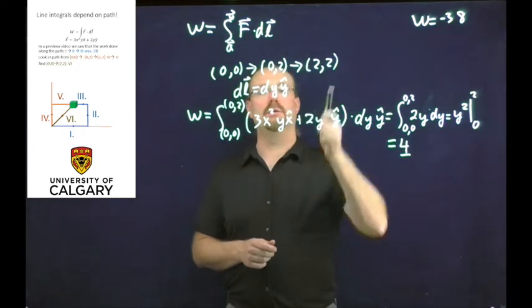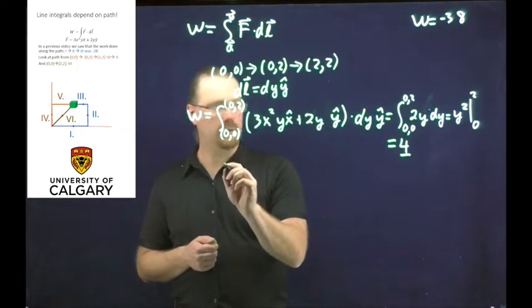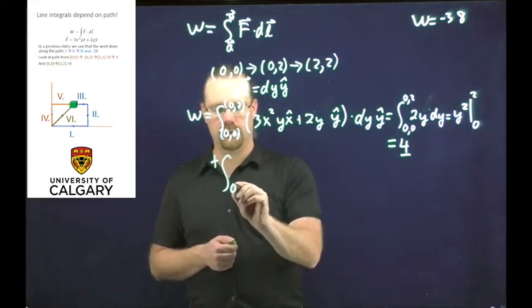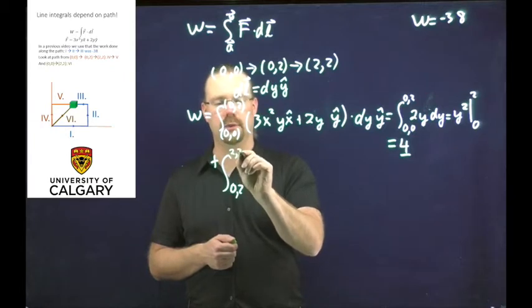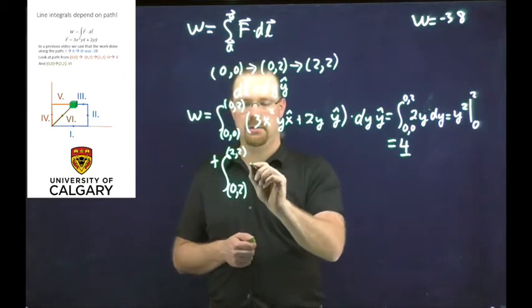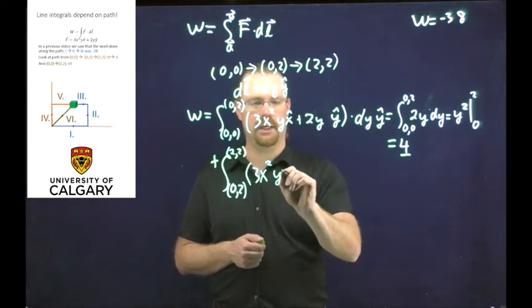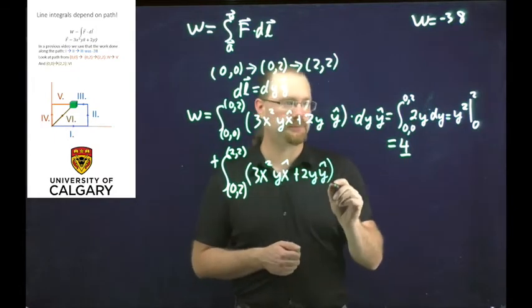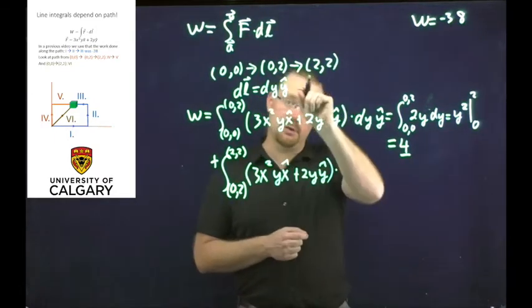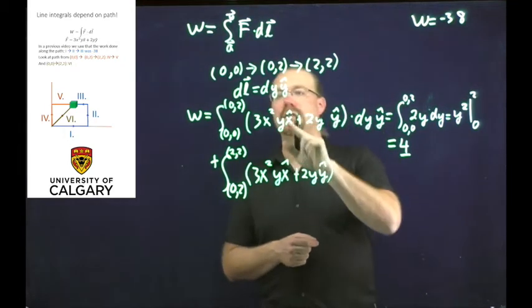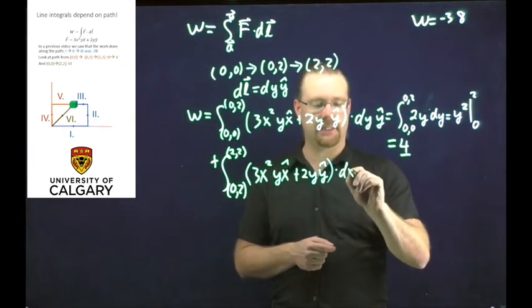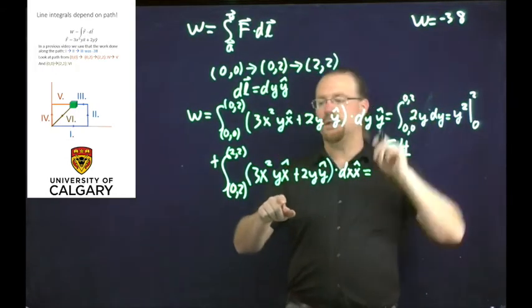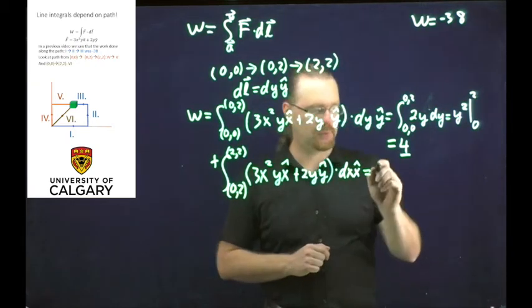Now we're going to go from 0, 2 out to 2, 2. So we're going to add these two things together, so plus the integral from 0, 2 up to 2, 2. And once again, we have 3x squared y x hat plus 2y y hat dotted with, and now since we're going along horizontally, our dl is going to be different. It's going to be dx x hat. Now, all along that horizontal line segment, y is equal to 2.